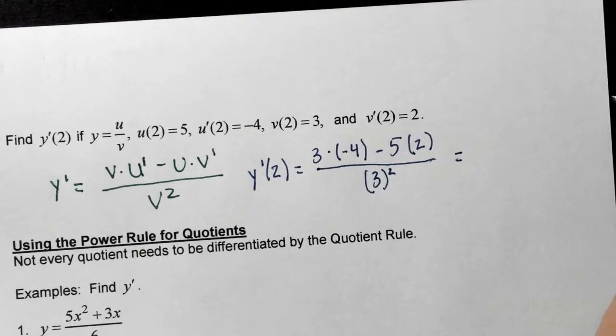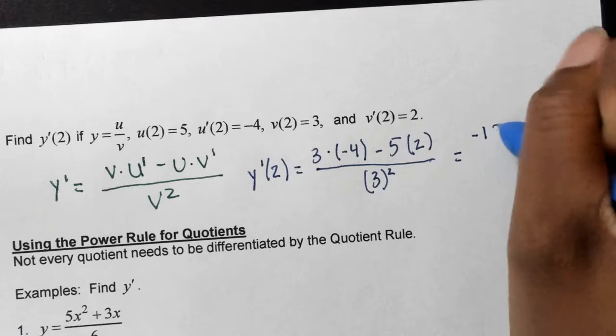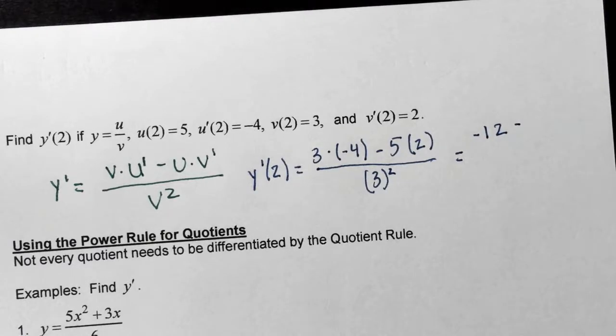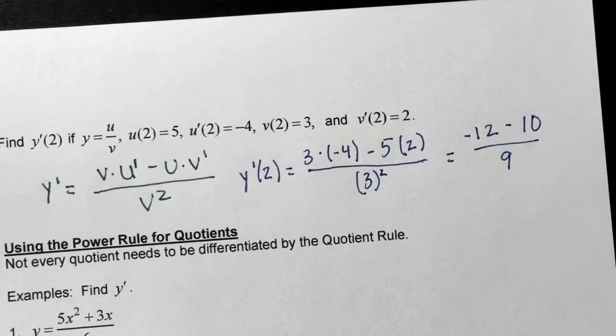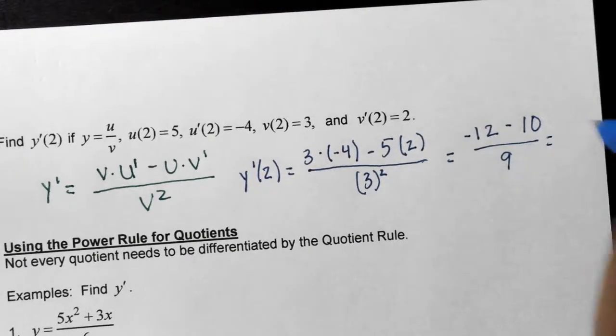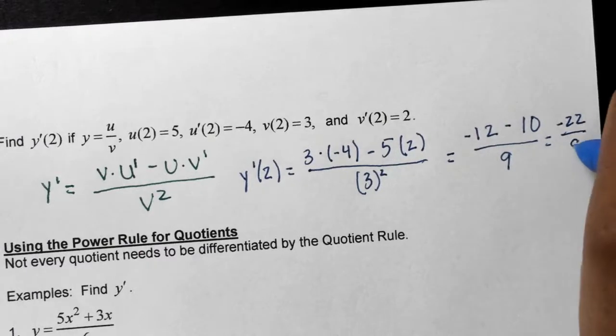And when we simplify that, we get negative 12 minus 10 over 9, which is equal to negative 22 over 9.